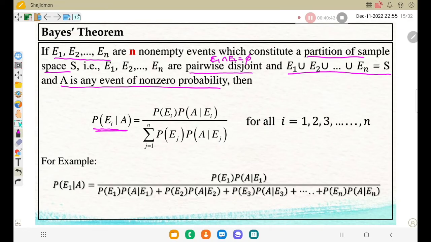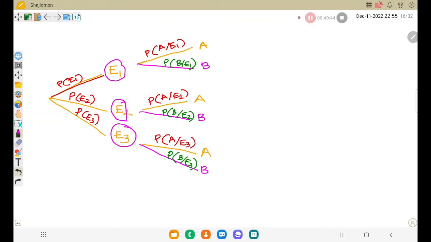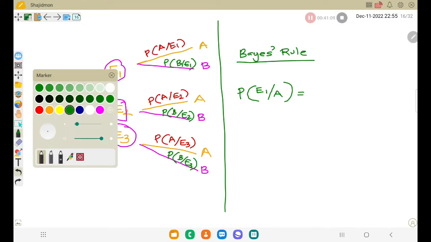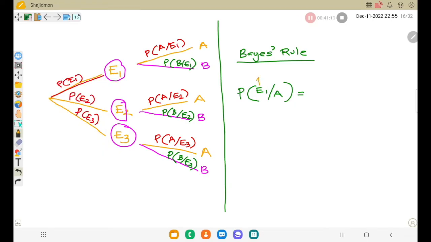Then probability of Ei given A. For example here I am defining the Bayes rule or Bayes theorem. So here we need to calculate the probability of a particular partition or particular main event, probability of E1 given that A is given. The partition is on the top side, you can remember it like that in Bayes theorem.